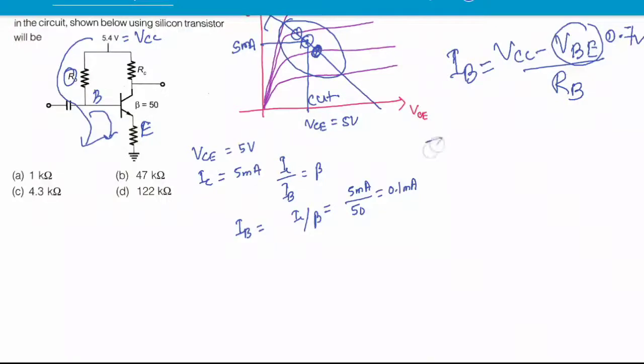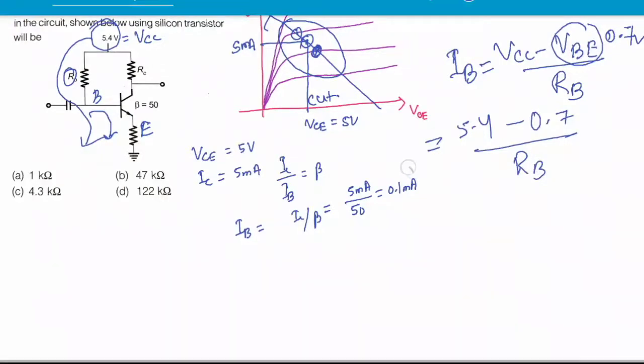So this will be 5.4 given here, 5.4 minus 0.7 by RB, which is equal to the 0.1 milliampere IB we have already calculated.